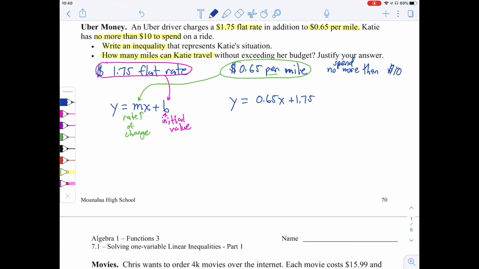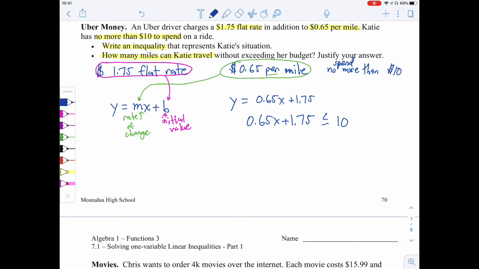So spend no more than $10. No more than $10. So 0.65x plus 1.75, and we want to say no more than $10. So up to $10. How do you say less than $10? Less than or equal to $10, because no more than $10 includes $10.